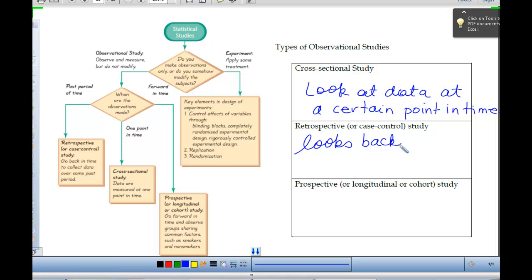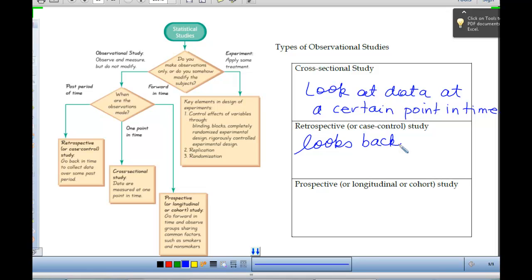So with the retrospective study, people naturally choose their behaviors. I think I might have said that already. People choose the behaviors that they're going to have, whether or not they want to smoke or have healthy eating habits or exercise. And so we look back.